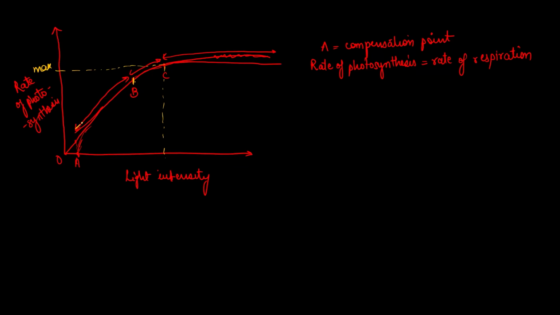Now, if we talk about this point up to B, here we are seeing a linear relationship between the light intensity and rate, right?